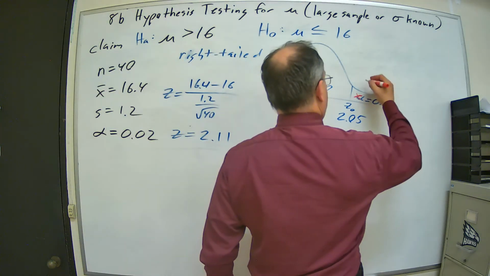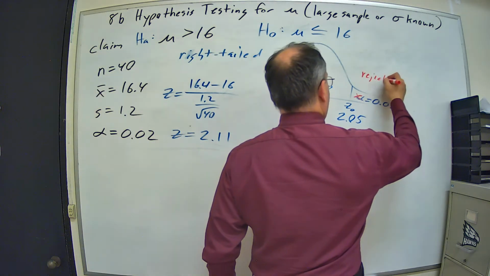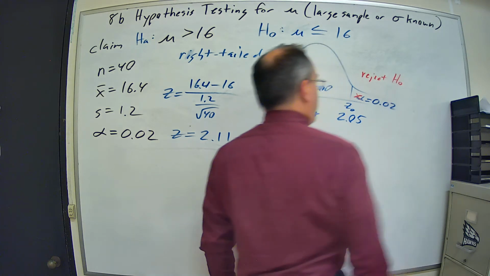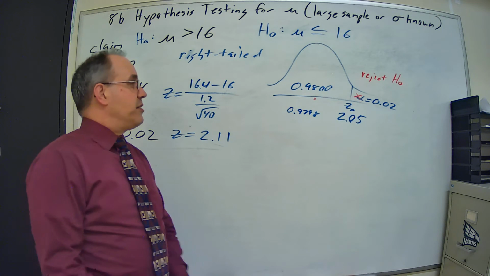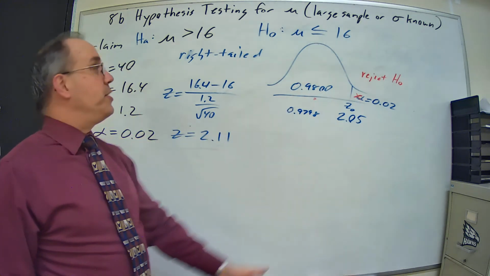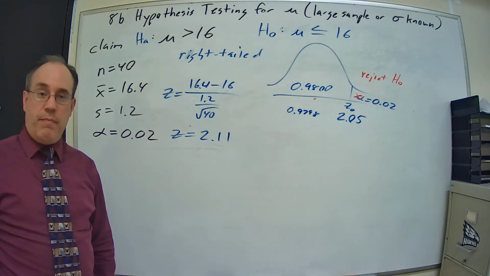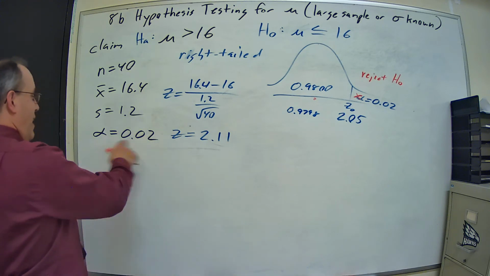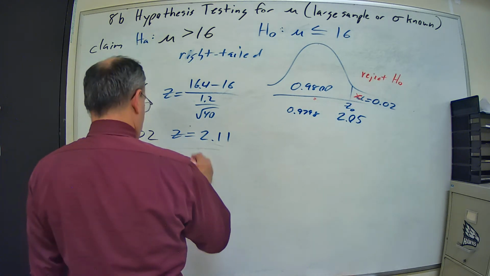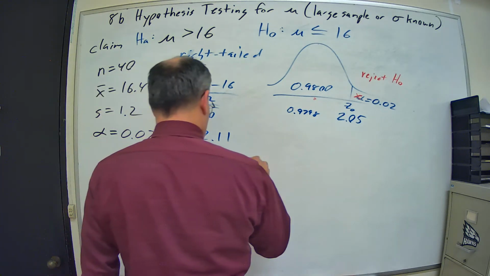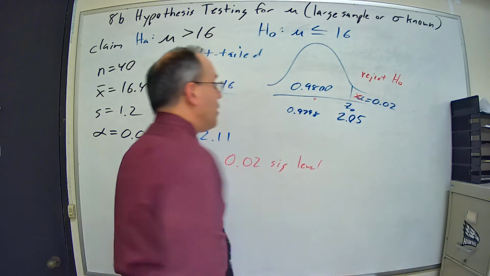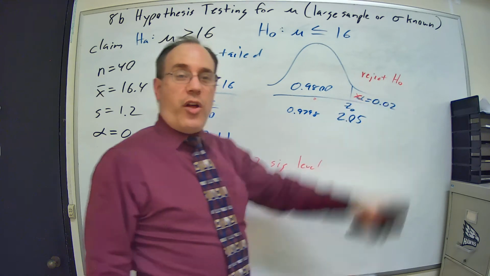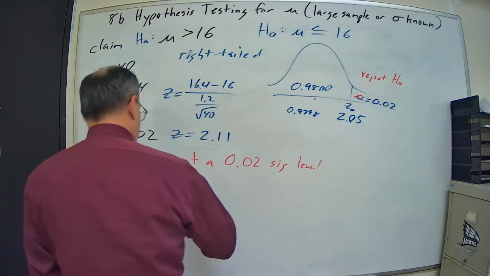So that tells us that we will reject the null hypothesis, which means we're ready to make our final statement. At a 0.02 significance level, we rejected the null hypothesis, so there is sufficient evidence.